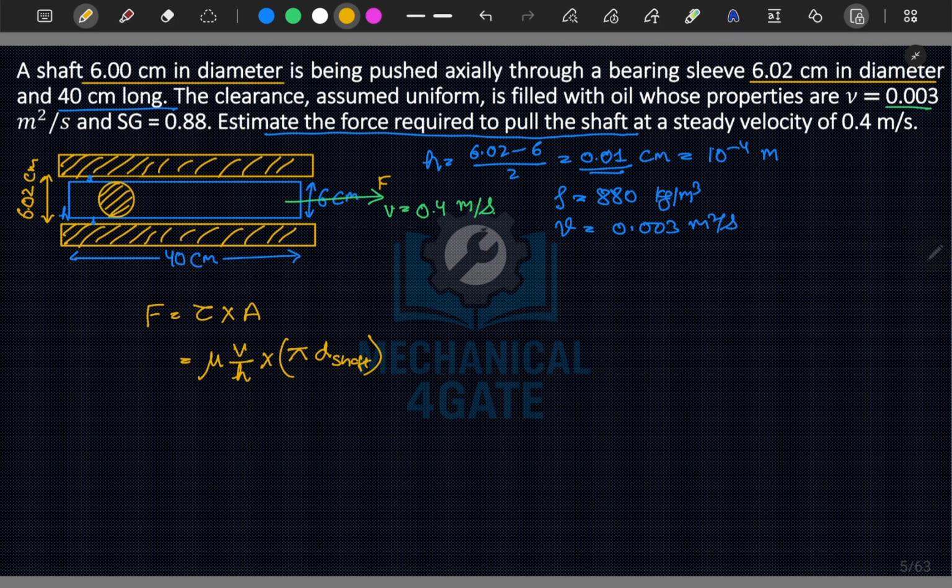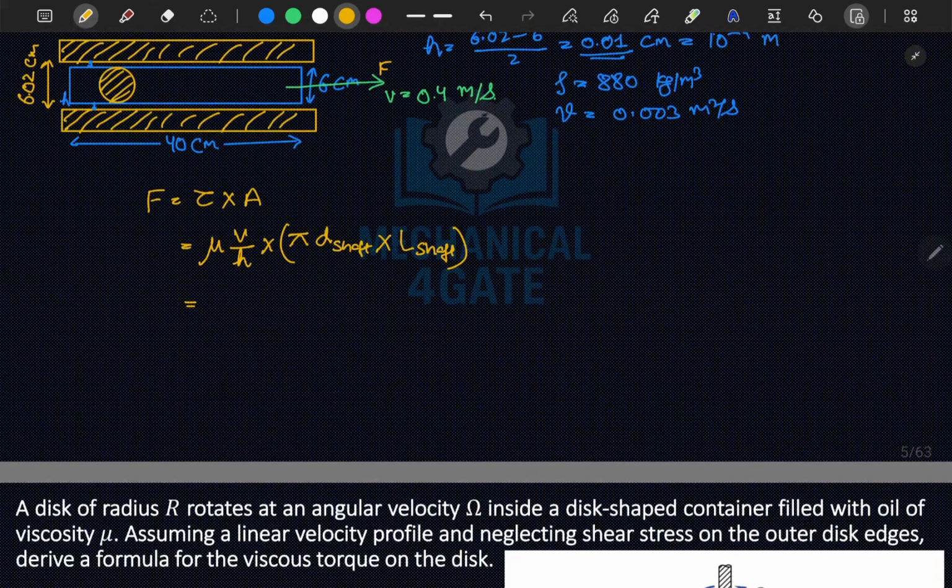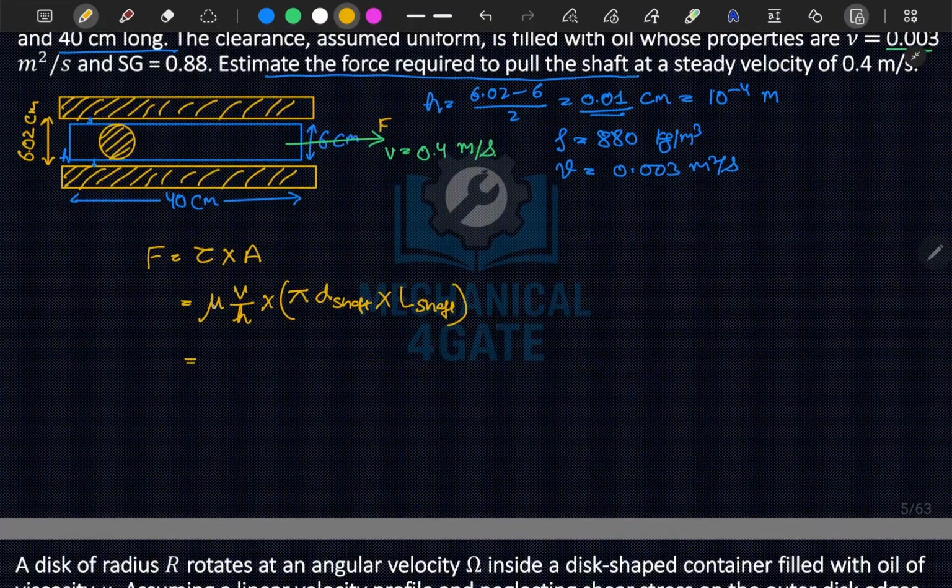Now pi d is your perimeter, into the length L of the shaft. If we substitute the values here, we can write mu is equal to rho times nu.